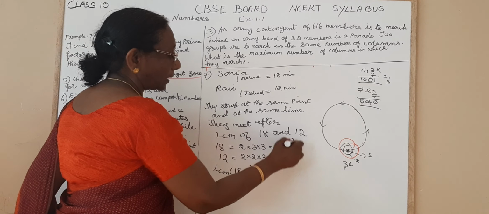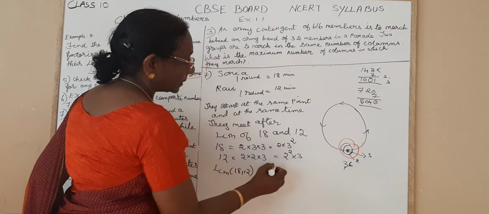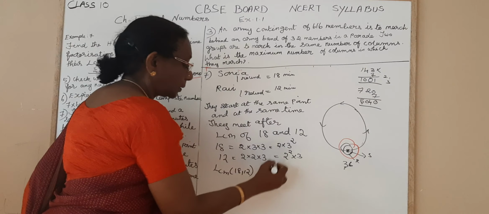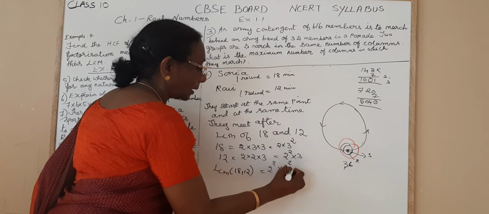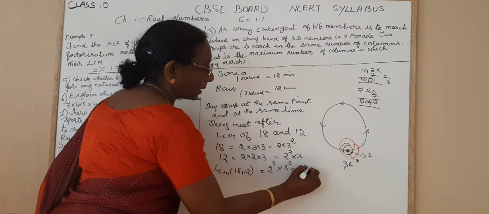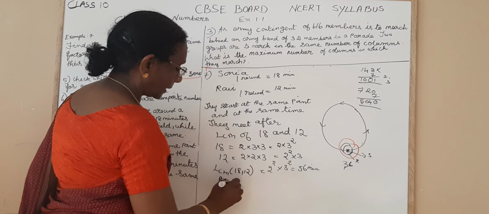The greatest power of each of the common factors. So here 2 and 3 are the common factors. The greatest power is here 2 square, here 3 square. So 2 2s are 4, 4 9s are 36 minutes. So you can write the answer.